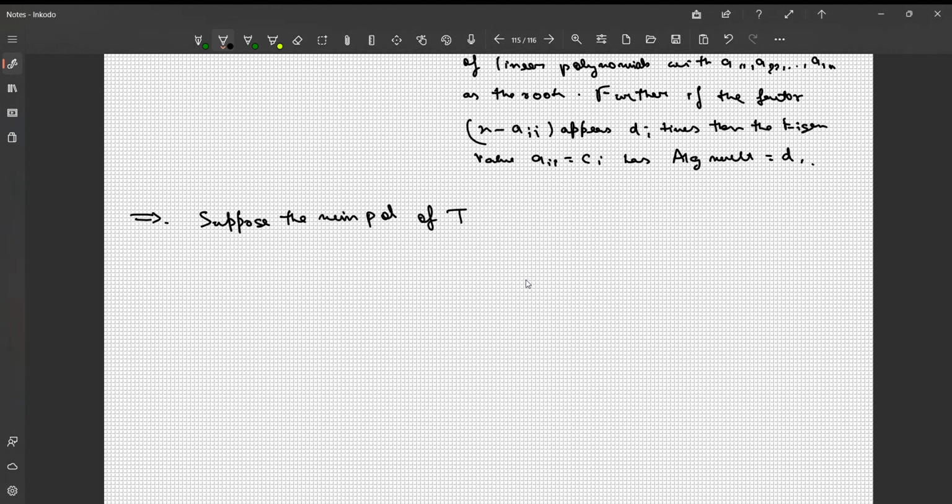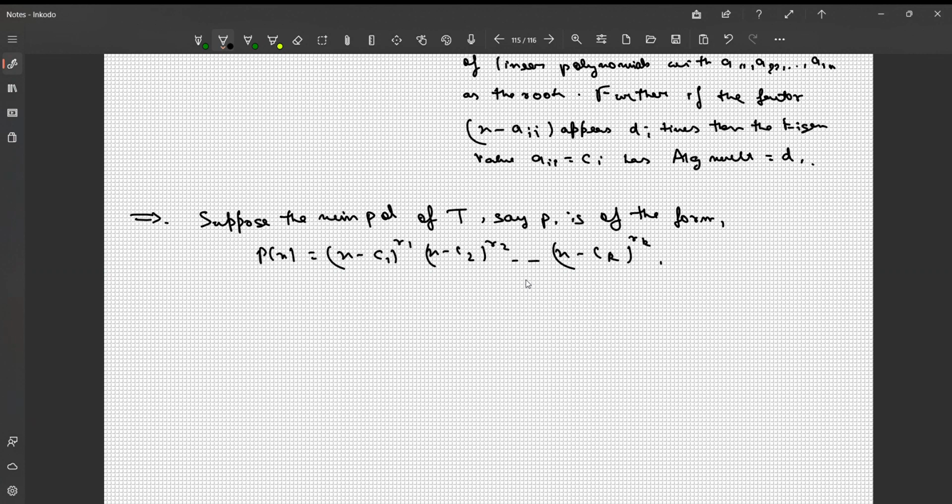Suppose the minimal polynomial of T, say p, is of the form: p of x is (x minus c1) to the power r1, (x minus c2) to the power r2, and so on till (x minus ck) to the power rk. Right?